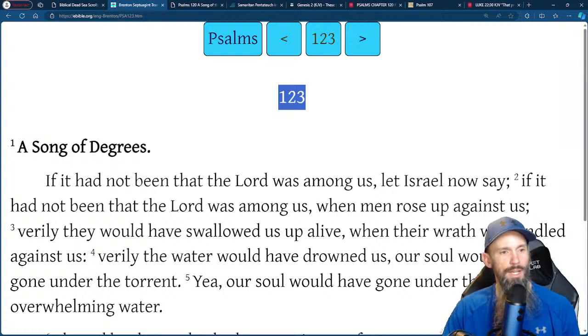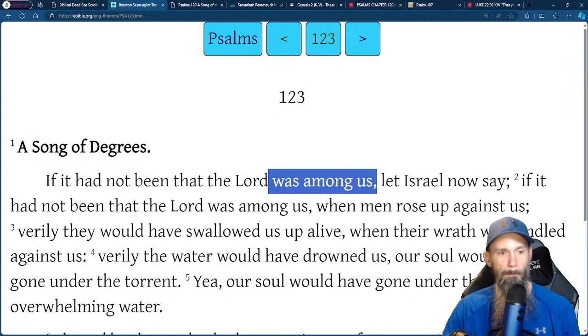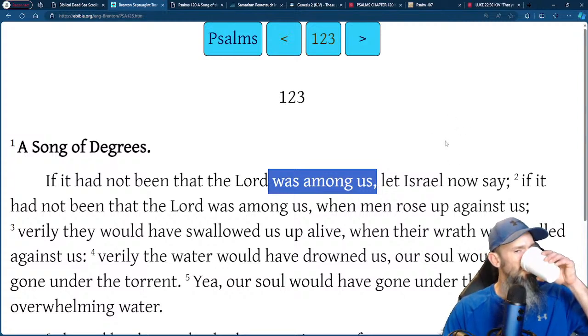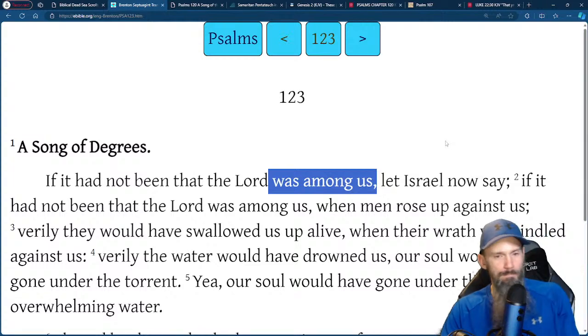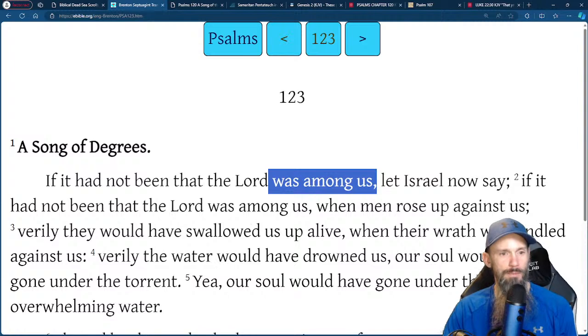If it had not been that Yahuwah was among us, let Israel now say, if it had not been that Yahuwah was among us, two times, that's giving emphasis. So pay attention. When men rose up against us, verily they would have swallowed us up alive.